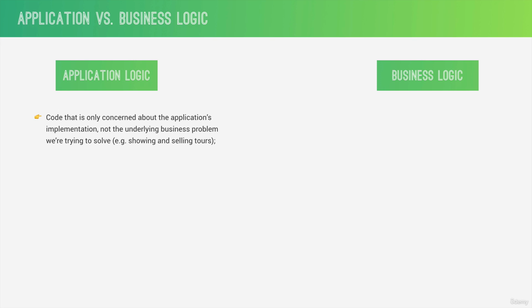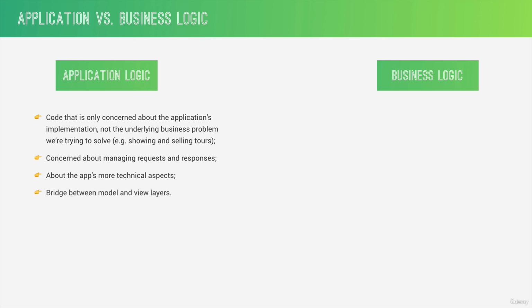For example, a big part of application logic in Express is all about managing requests and responses. So in a sense, we can also say that application logic is more about technical stuff. Also, if we have views in our app, the application logic serves as a bridge between model and view layers, so that we never mix business logic with presentation logic. Alright? Now, about business logic, it's all the code that actually solves the business problem that we set out to solve. Let's say again that our goal is to show tours to customers and then sell them.